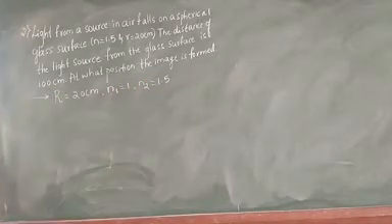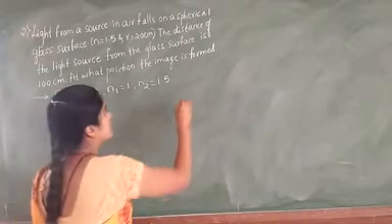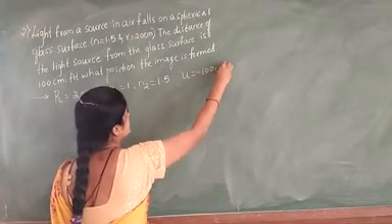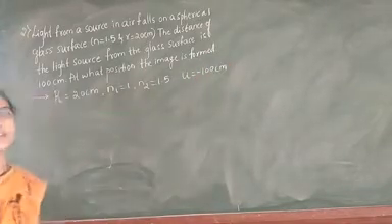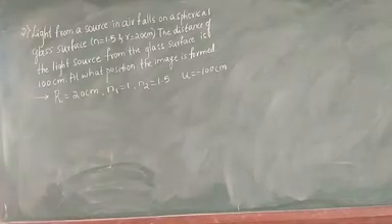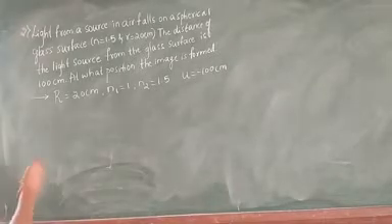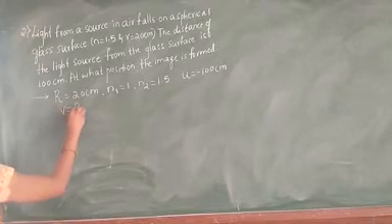They have told that the distance of the light source from the glass surface is 100 centimeter. Therefore U is equal to minus 100 centimeter. In the same way, we have to find V is equal to question mark.